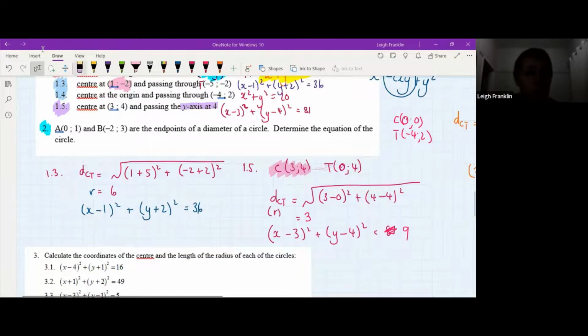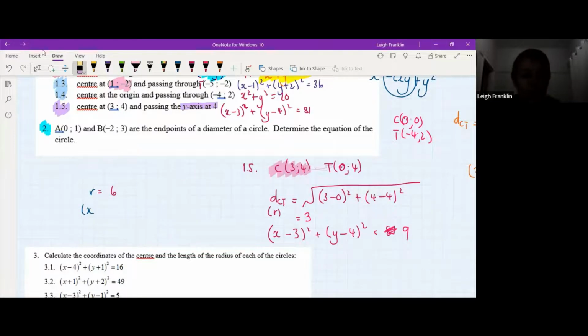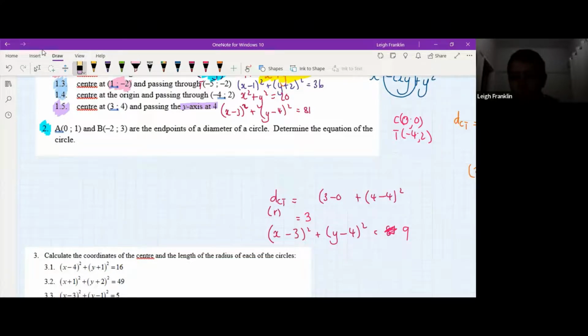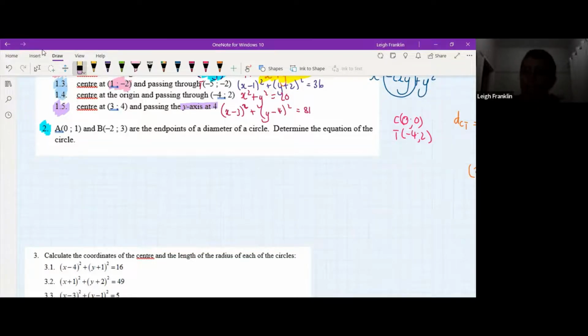Would you guys like me to do question 2? Yes, please, ma'am. Okay, so Kumo, how did you work out the coordinates at the center? So, ma'am, I calculated the midpoint using the coordinates of A and B to get the center. Lovely, Kumo. I'm so glad to hear you say that. Kumo realized that the endpoints of the diameter, remember, oh, maybe I should turn my pen on.